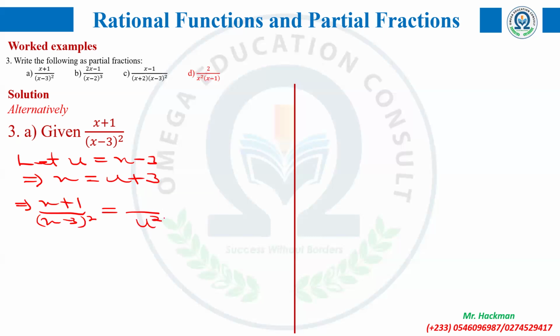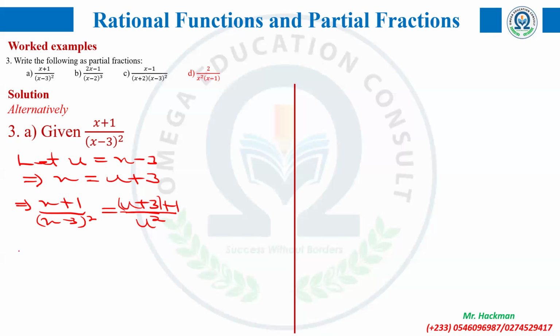And your numerator, we said is x plus 1, but what is your x in terms of u? u plus 3. So it will be u plus 3, but that is not all plus 1, because this is only representing your x. So let me put it in bracket for you to know that you are substituting. But when you mature, it's not necessary. Is my point well made?